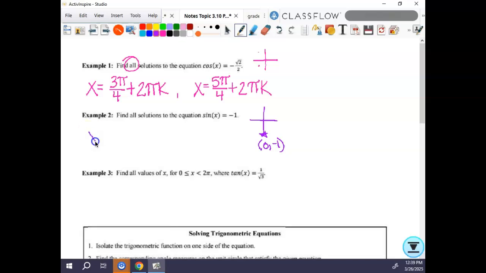So that means that x equals, what's that angle measure? 3 pi halves. And this says find all the solutions, and there's nothing else there. So I have to put plus 2 pi k. And in this instance, even though it's sine, I only have one to write because it only showed up once in one rotation. Okay.